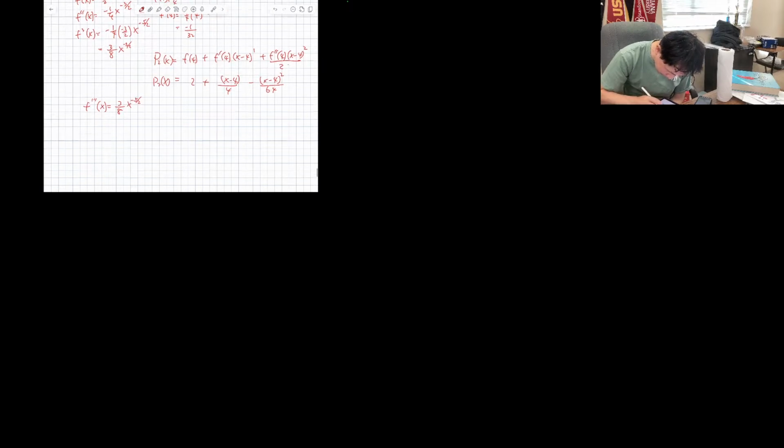Now the third derivative: f to the third derivative is going to be 3 over 8 x to the negative 5 over 2. Now we know that we want to have z, which is 3 over 8 z to the 5 over 2, on the bottom.